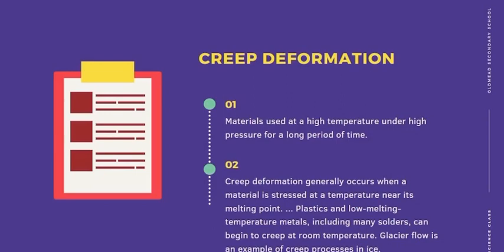So creep deformation, as we look at the various categories of materials, is defined as materials used at a high temperature under a high pressure for a long period of time. It reminded me of the various menu of materials introduced in our first segment or the previous weeks.